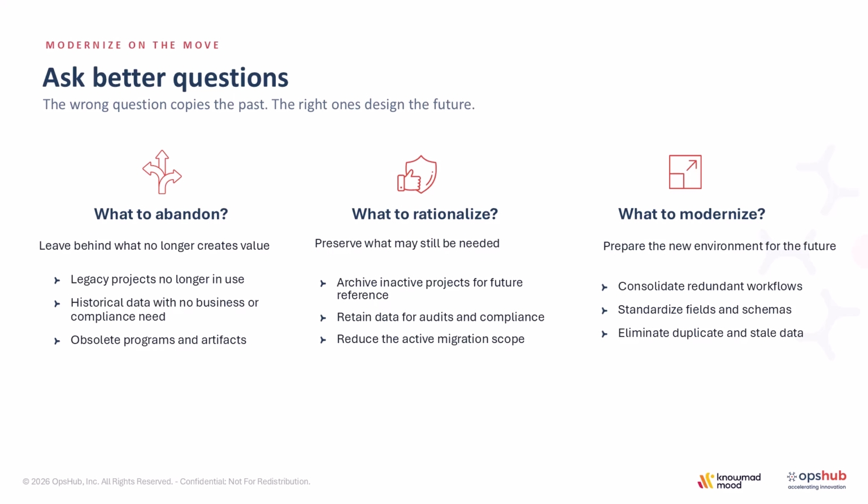So we are talking about Atlassian, but probably here there are some common concerns. You have to start asking what to abandon, what you need, and what you need not to move. Because once you try to move from legacy projects to the new ones, there are some things that you don't need. That's the first question. What to rationalize?